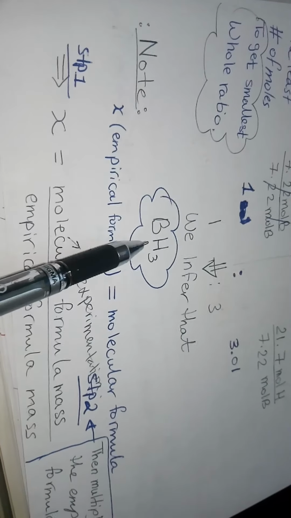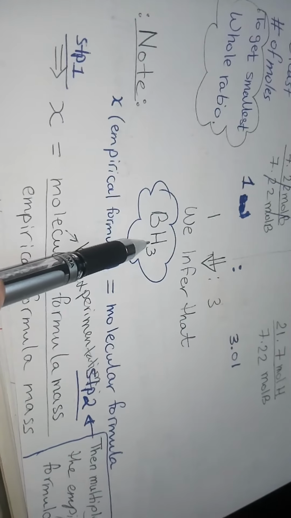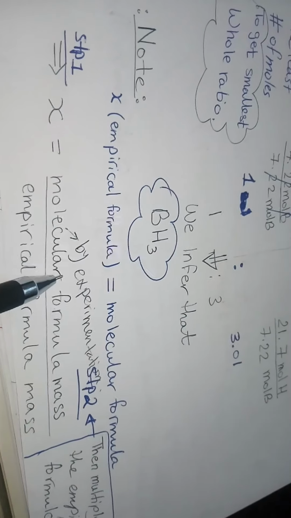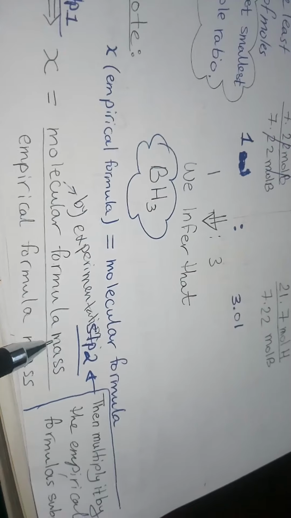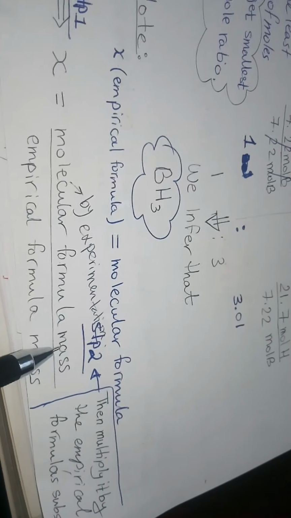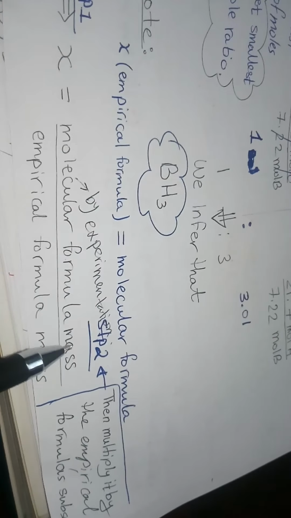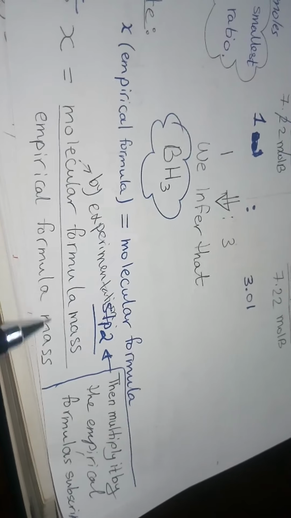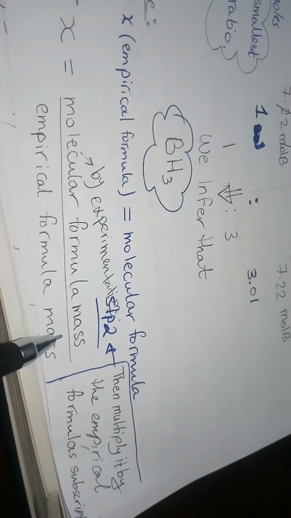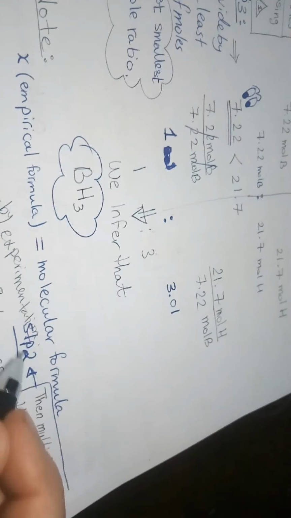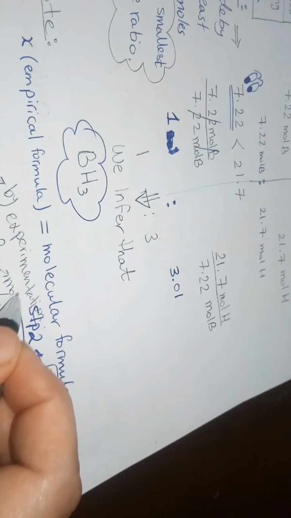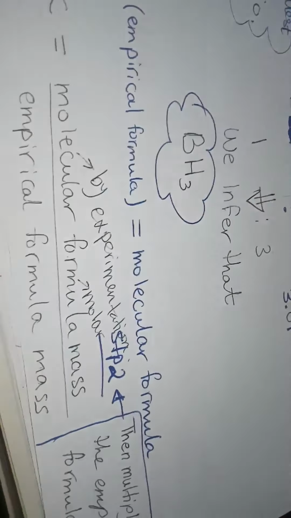So usually in questions like this, you will be given the empirical formula and the molecular formula mass as a number with the unit of grams per mole. So all you need to do is find the formula mass or the molar mass. Guys, this is the same as molar mass, okay? These two words are the same.